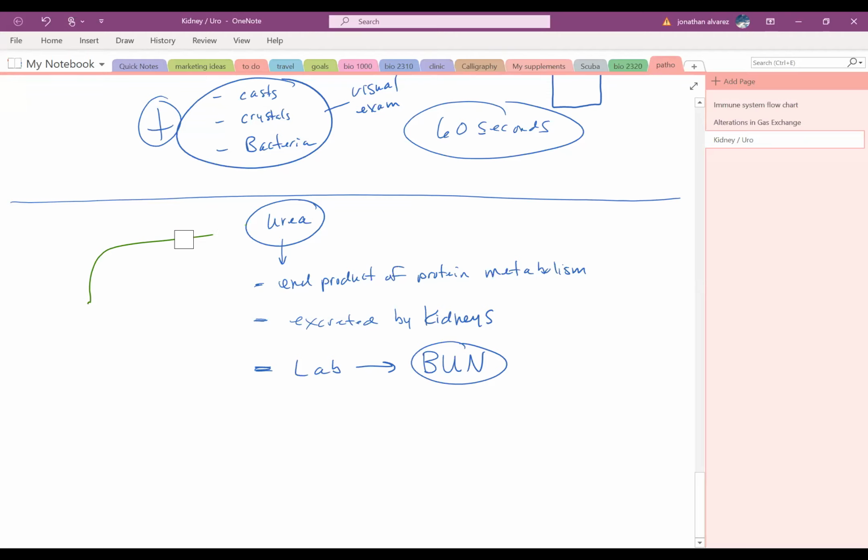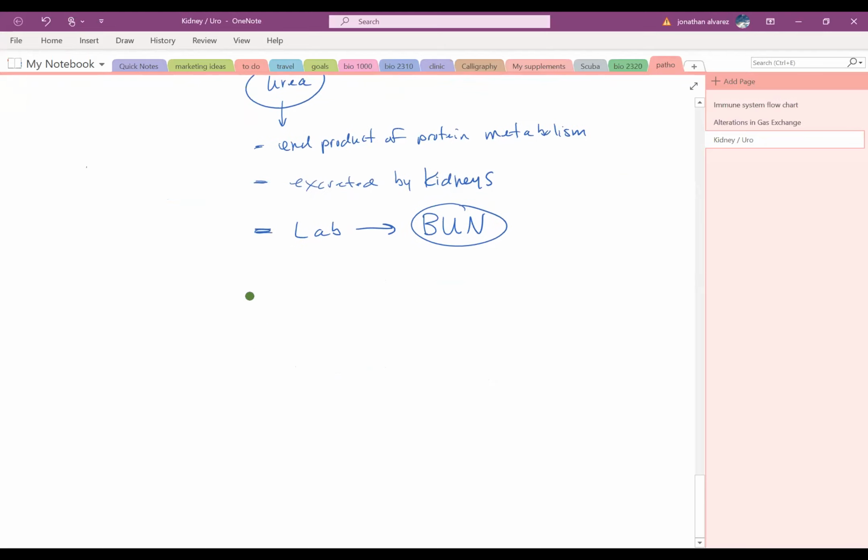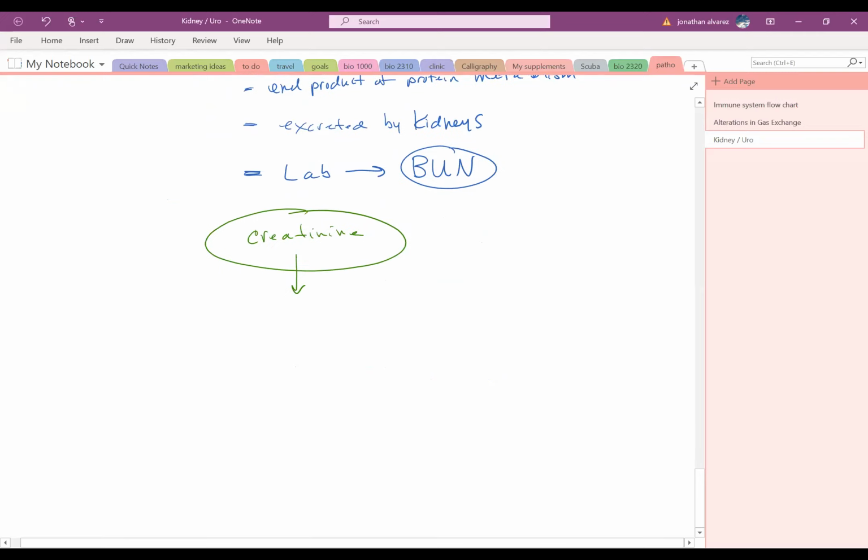Another one is creatinine. This is the end product of muscle metabolism. This MM there is shorthand for muscle.